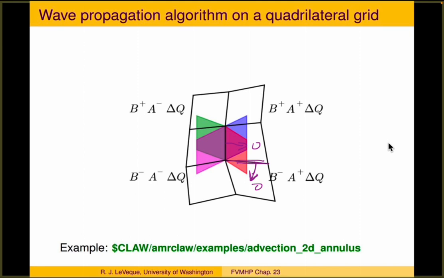But the nice thing about this is that when you do that, the areas that you have to worry about here are still just little triangular pieces, and you can easily calculate the areas of those triangles based on the speeds at which things are moving in the normal and transverse directions.